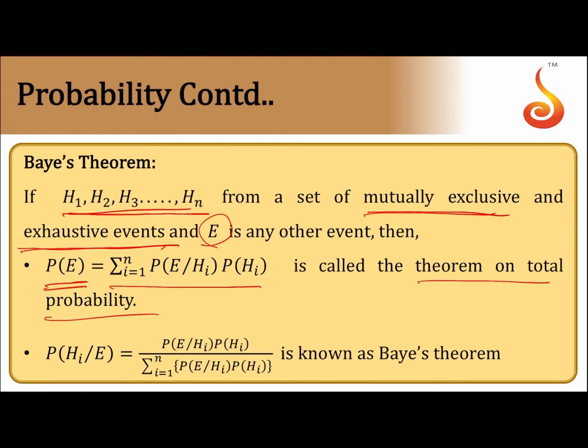The probability of E is the sum of P(E given Hi) into P(Hi), i equals 1 to n.